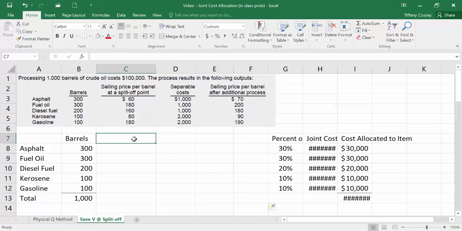So we said that we need to figure out what the total sales value of each line is at the split-off point. So we know that we have this many barrels, and then we're going to look at the selling price at split-off. And then we'll multiply the price per barrel times the number of barrels.